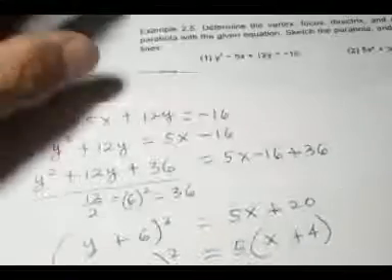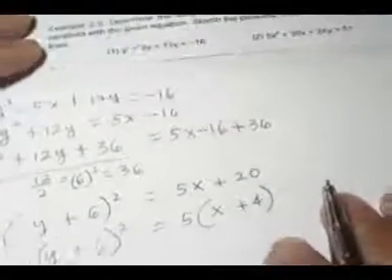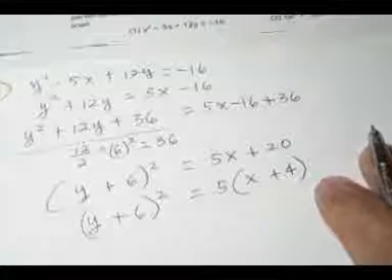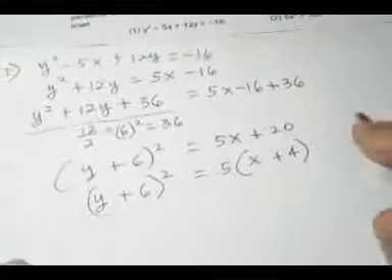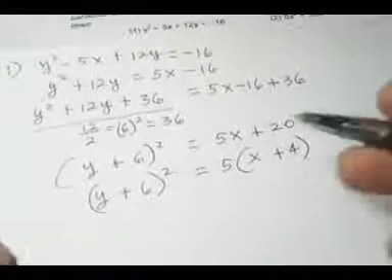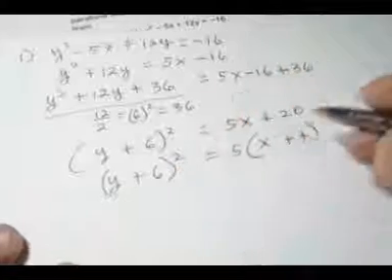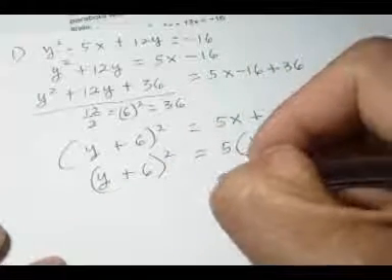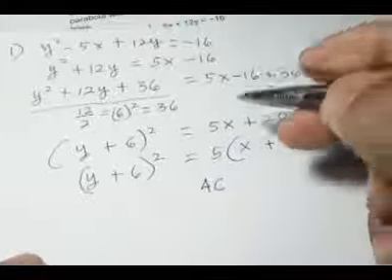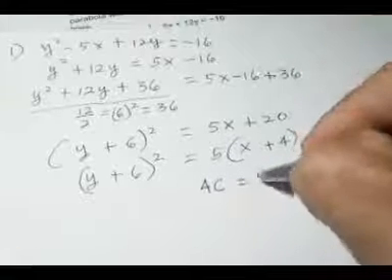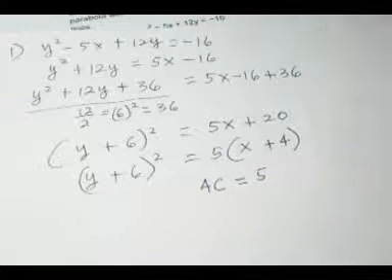Next, what is the question all about? Sketch the parabola. So let us determine the c. Our 4c here is 5. 4c is equal to 5.